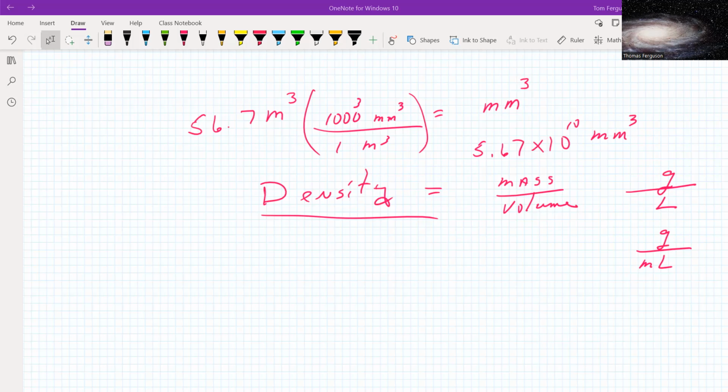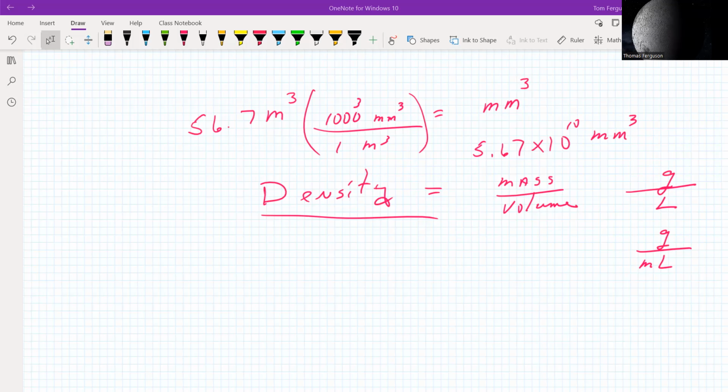So cm cubed and ml are the same thing. Frequently you'll see them interchanged, unfortunately. So this is the same as 0.654 milliliters. What's the density? And then you can tell whether it's pure lead or not.